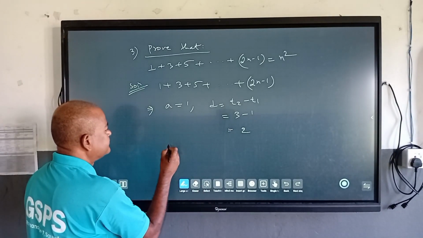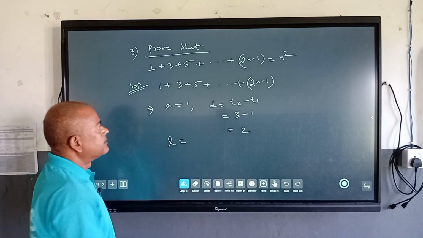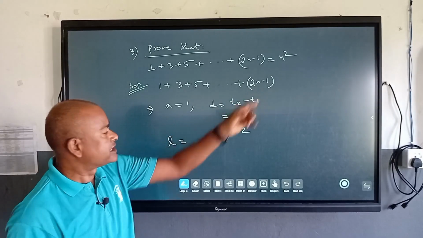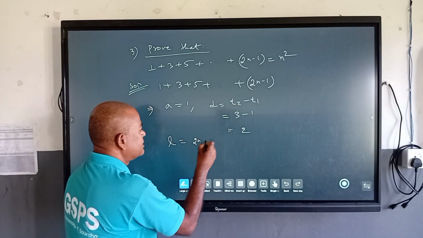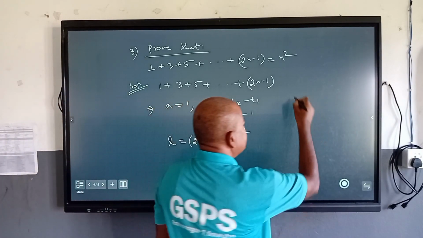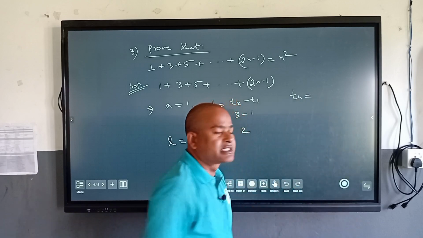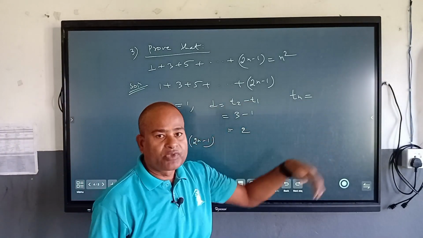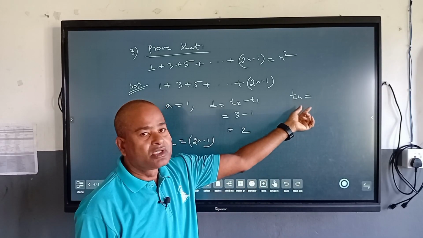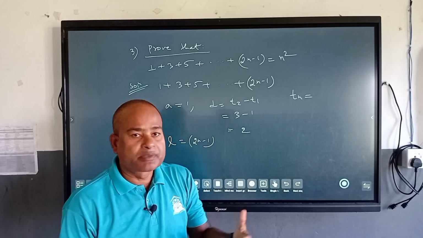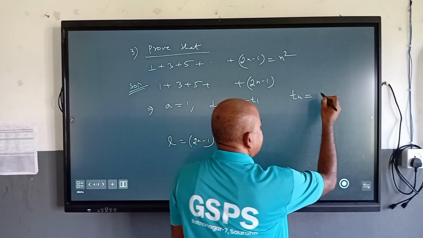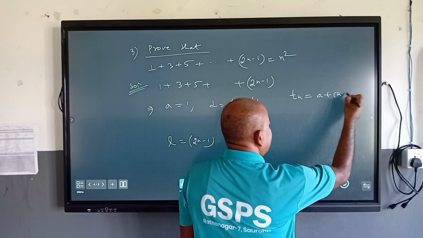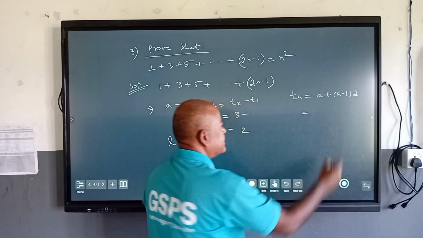Dear students, the last term of the given series is 2n minus 1, which is the general term of the given series. We can find it by using the formula of the general term of an arithmetic progression, Tn equals a plus n minus 1 times d.